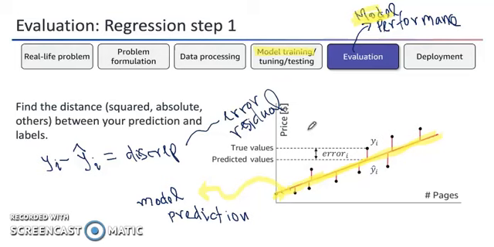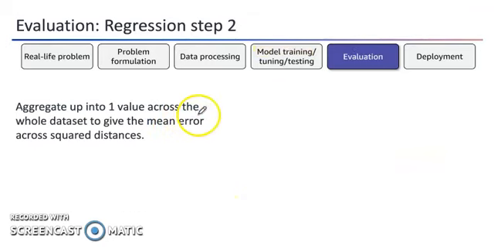There needs to be a quantification of the performance of that tool, and this is where measuring the distance between the data point and the predicted value by the model, sometimes called observed versus predicted, comes in. That quantification of errors is what will then be used to have some metric of performance.